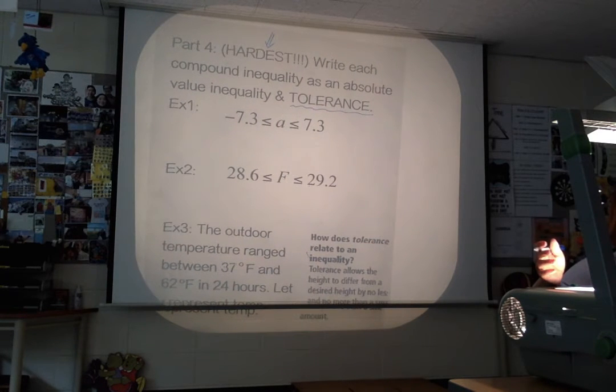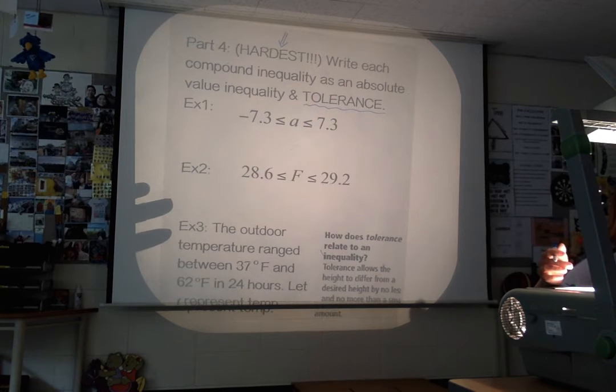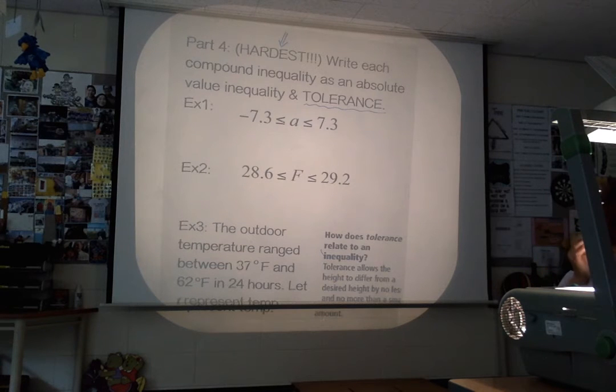It's kind of like asking you what number could be at most 1 below or above 100? Okay? So it's 101 and 99, okay? So think of that logic, okay?